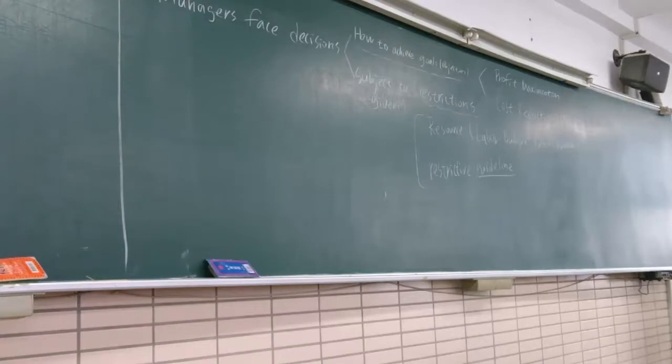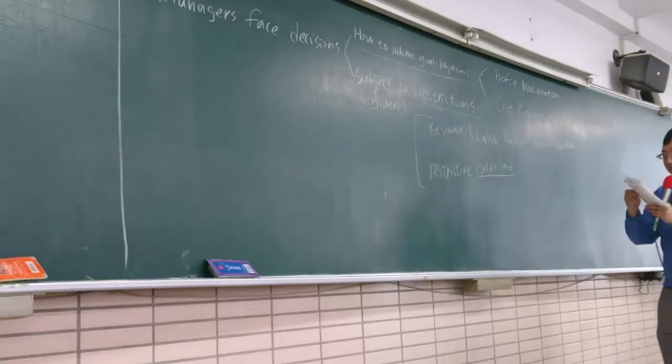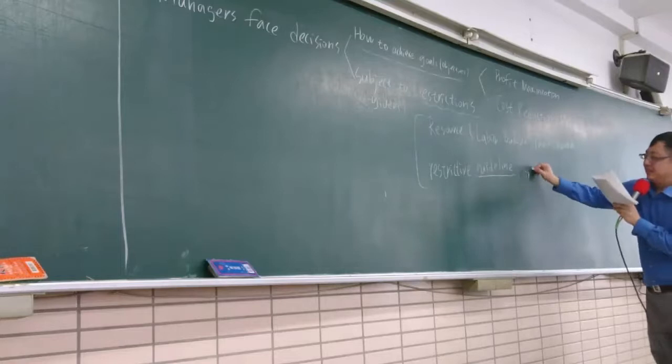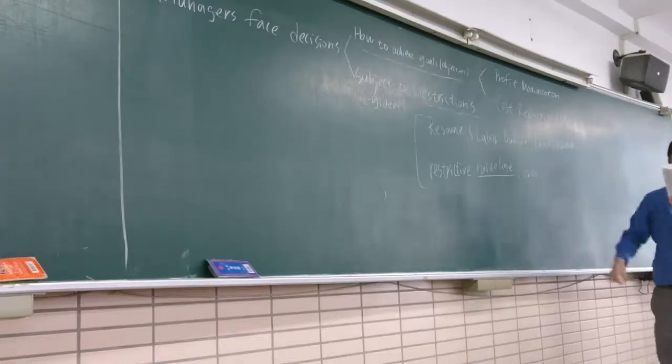For example, we have two types of product, X and Y, and your boss says, I don't like X, do not produce any X. So this is the guideline. 不要生产 X. This is the guideline.